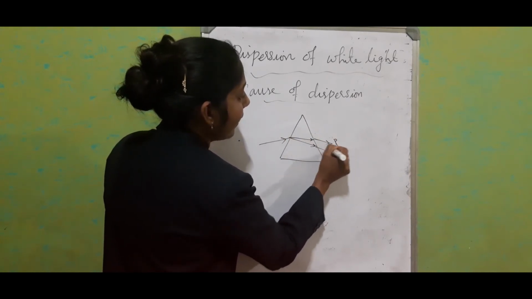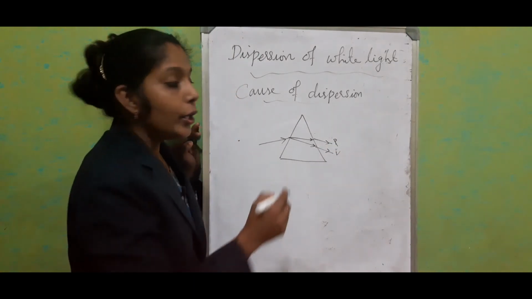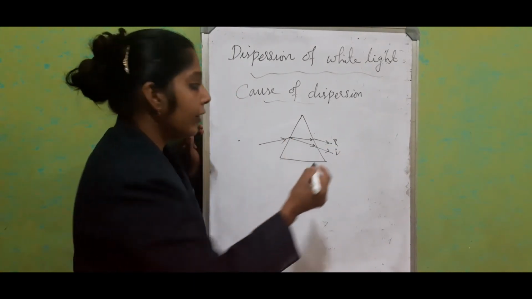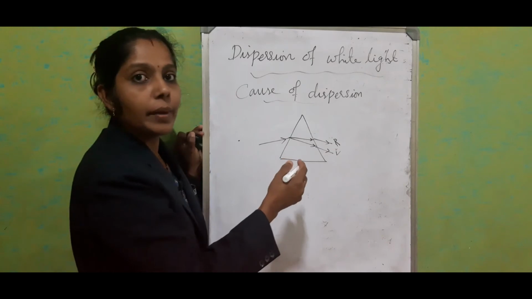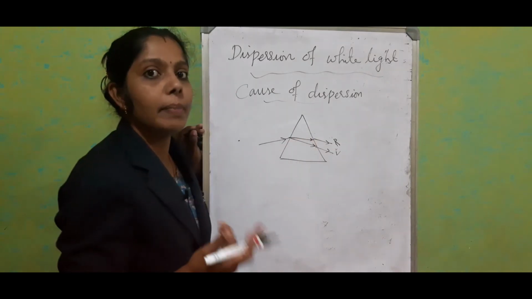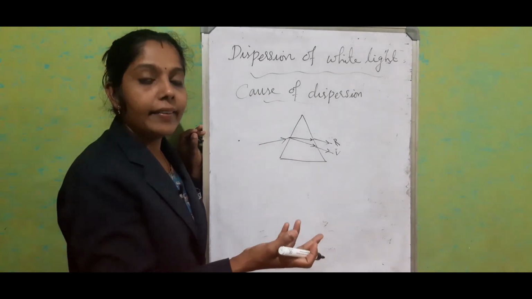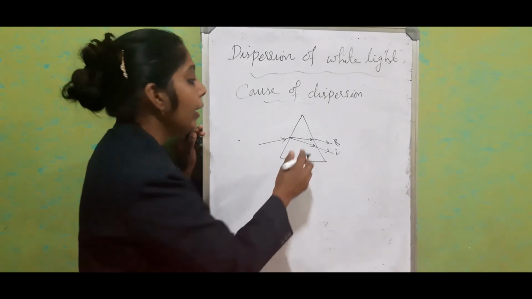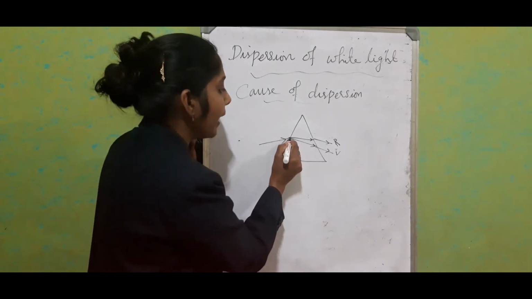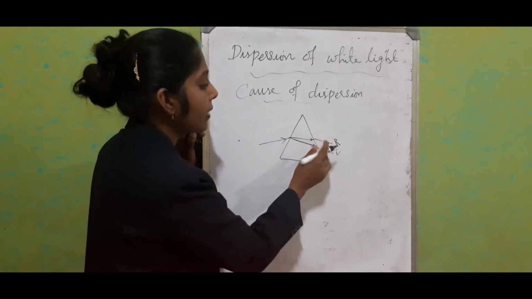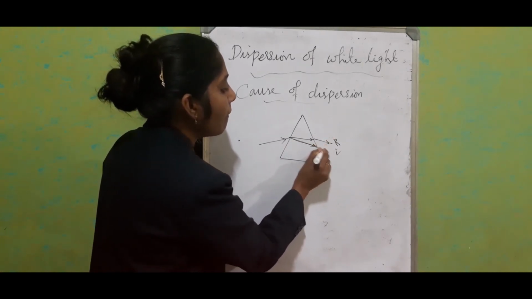This is red and this is violet. So red can travel much faster in this medium, so it has less bending. Violet speed is comparatively less than red, so it takes more time. That's why the bending is more for violet.